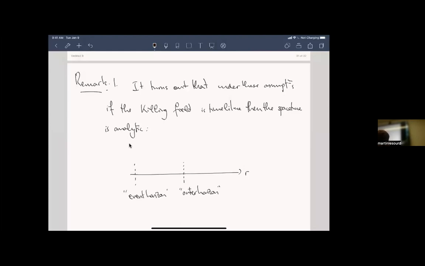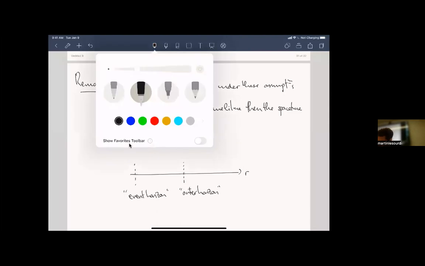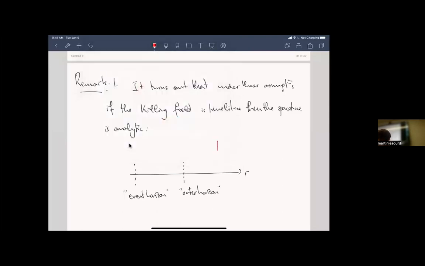Now, what's interesting in Kerr is that far away, it's time-like. The killing field K is time-like. But as you go in and you go into the ergo region, then it changes character, it becomes space-like.